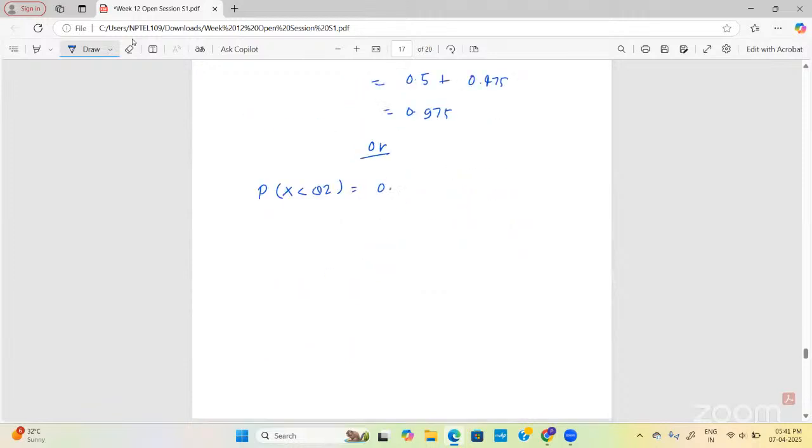So this is 0.5 first, then 0.34, and then 0.135. Are you getting my point? So this will also be 0.975. Just respond to me. Are you understanding these things or not?